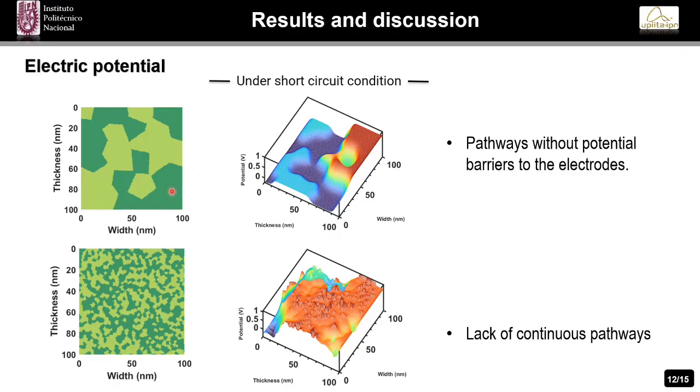When the domain size is large, the carriers can find pathways without potential barriers to the electrodes. And when the average domain size is small, there is a lack of continuous pathways that affects the transport of electrons and holes towards the corresponding electrodes.